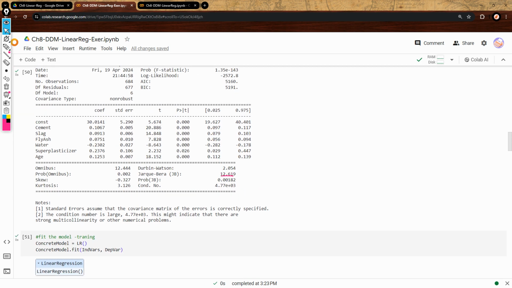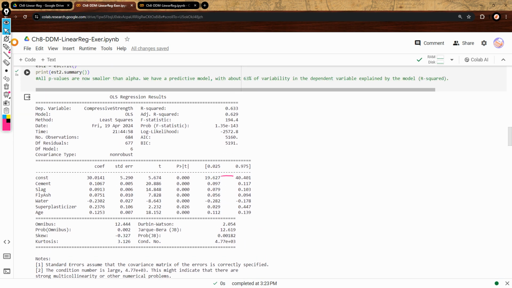Now go back to our summary table, and look at this p-value. Among these, you need to find the greatest p-value.